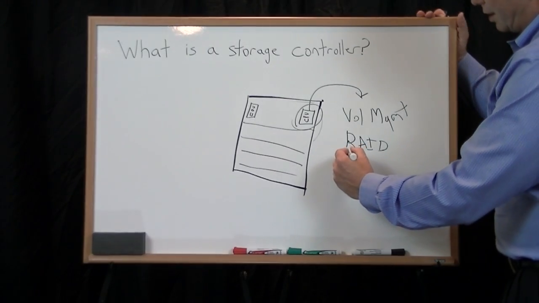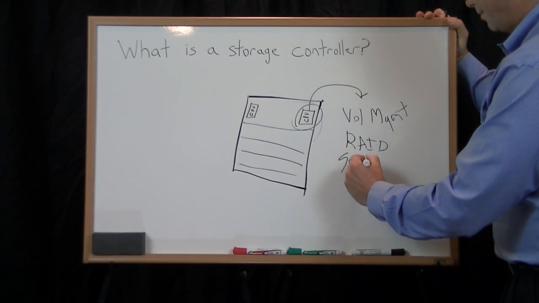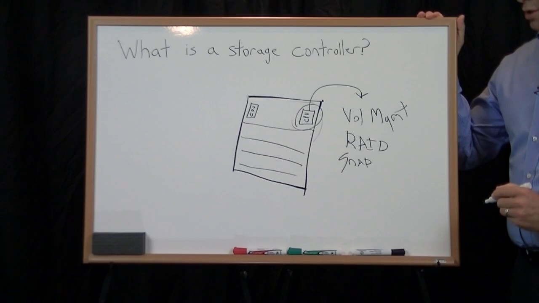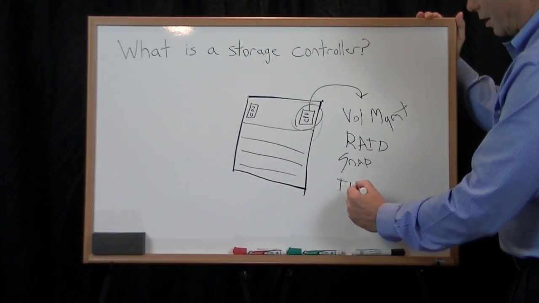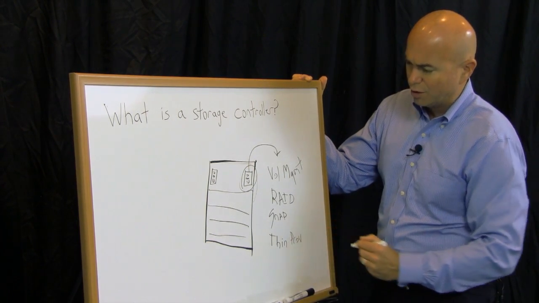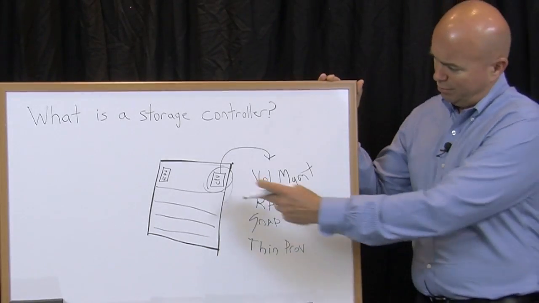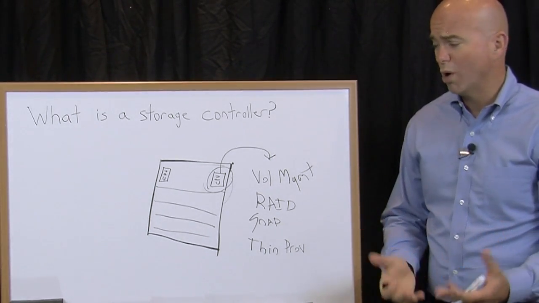One of the big features that everybody always asks for is snapshots. And then they are now doing things like thin provisioning. All of these different functions that we ask the storage controller to do take essentially CPU cycles, right? So we're asking a CPU to do more and more work.